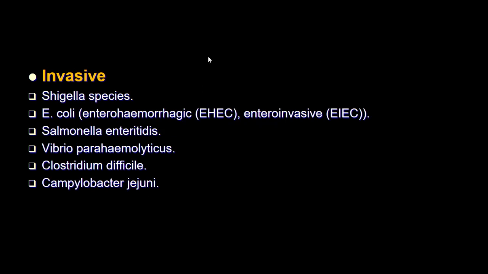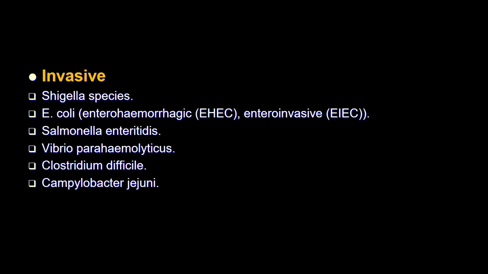So after talking about the non-invasive type of diarrhea like Vibrio cholera and the enterotoxigenic Escherichia coli, the second type is the invasive type of diarrhea, where there is a physical damage to the gastrointestinal tract.